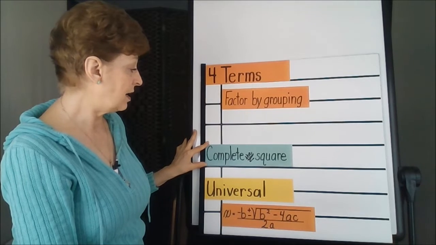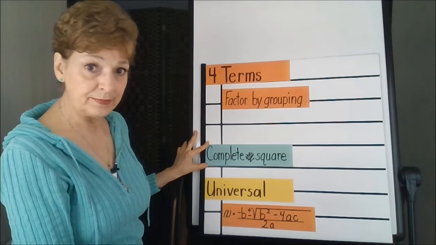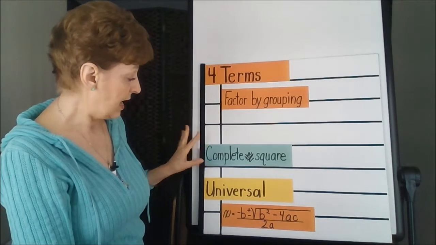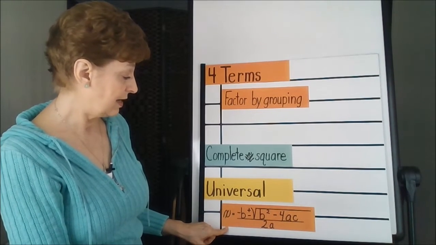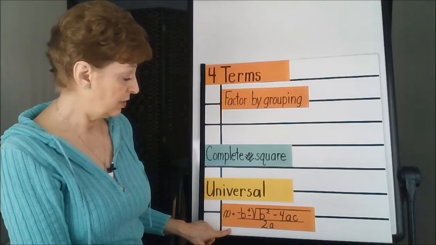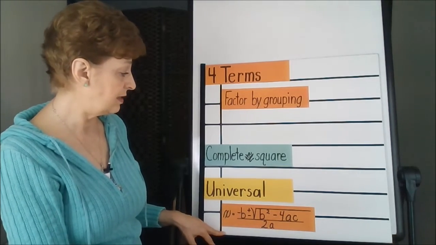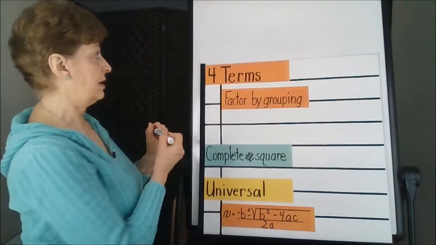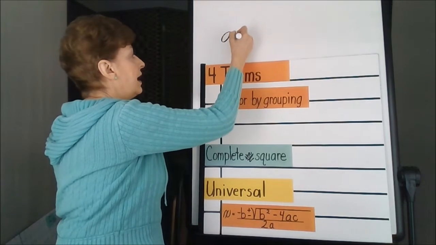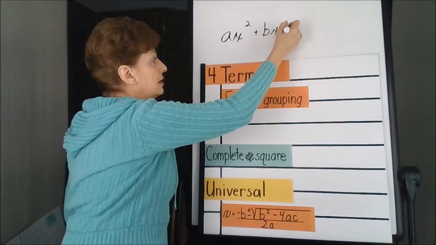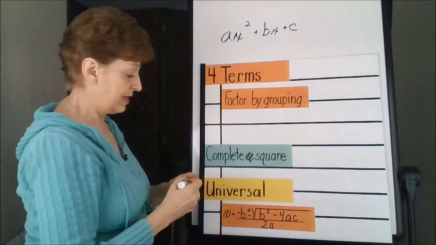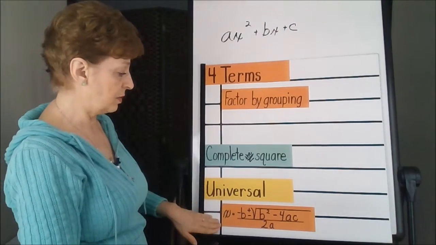There's a technique called completing the square. And this formula here is kind of a universal. You can use this if they're in the form of ax squared plus bx plus c. That's the time that this one will work.